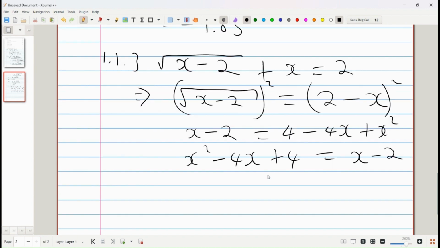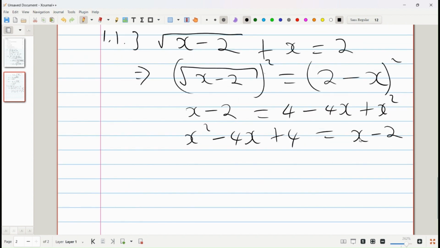So grouping the like terms, you can bring x to this side, and now you'll have x squared minus 4x minus x, and then you'll have positive 4 plus 2 when you move negative 2 to this side.